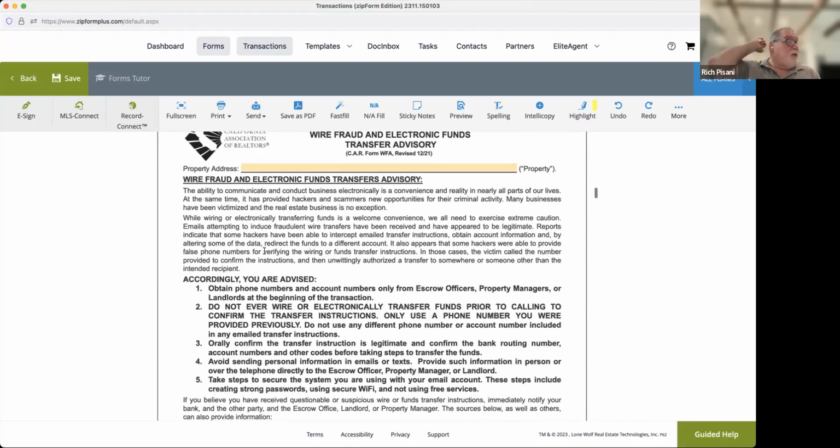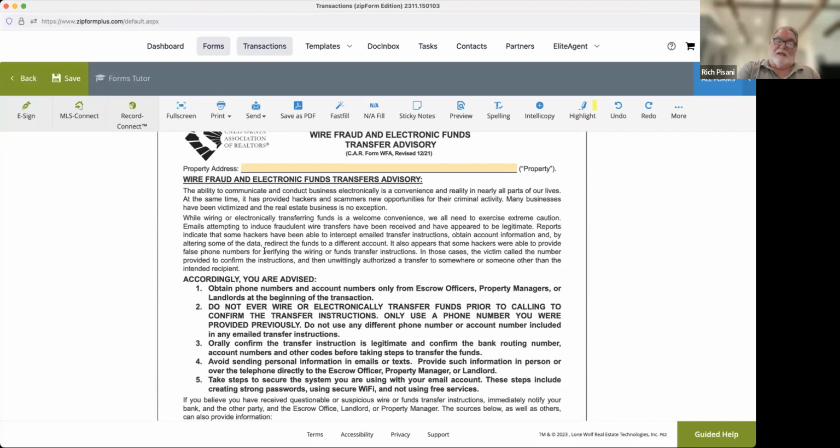Wire fraud, very important. Mr. Buyer or seller, I, as the agent, will never send you wiring instructions. You need to make sure that is clear: if you get wiring instructions via email, you should confirm those wiring instructions with escrow directly on the phone, not through an email.